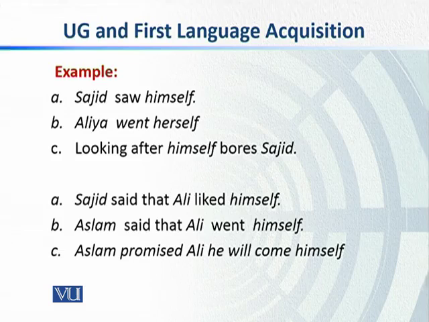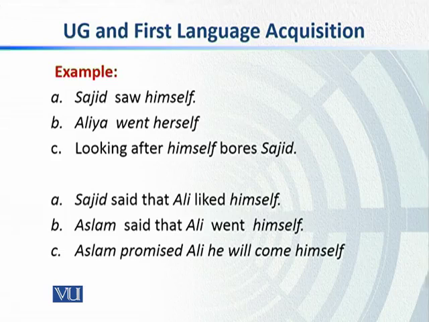However, we see that in sentence C, this hypothesis is challenged, because over here the possessive pronoun in looking after himself bores Sajid comes before the noun it is representing.